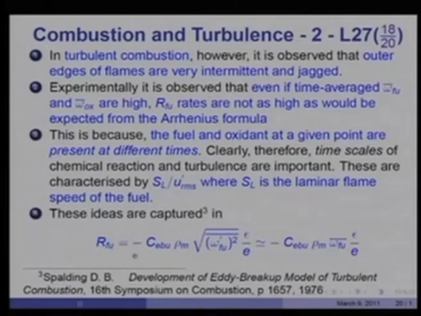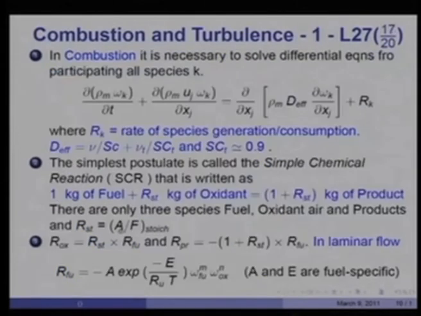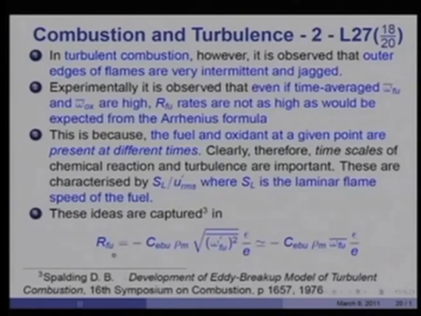And Spalding said that instead of the Arrhenius form, what one ought to use is RFU equal to minus C, a constant, into rho, into epsilon by k, into the scalar fluctuation omega dash FU whole square, which in practical computation is taken to be almost equal to omega FU bar, and it makes very little difference. Only thing is you must adjust C EBU appropriately.